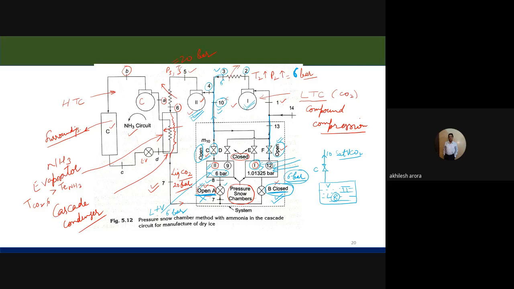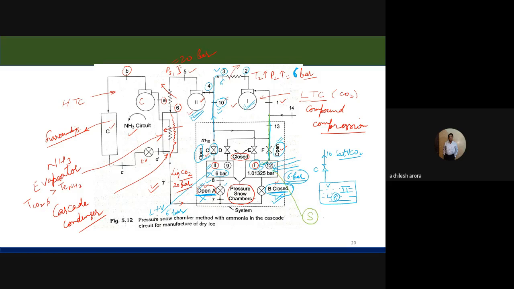So the pressure reduces here, and whatever is the gas or the CO2 refrigerant which is generated at point number 1 here, because this valve F is open, I will change the color. Because this valve F is open, so it is being sucked here by the compressor. Now whatever was the solid carbon dioxide which is generated here, that is taken out.